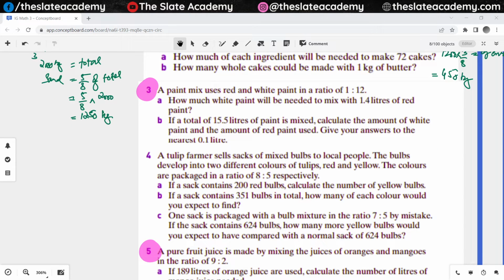If I were to quickly solve this question, a paint mix uses red and white paint in the ratio of 1 is to 12. So red is 1 out of 13 and white is 12 out of 13. This is the ratio that I have.